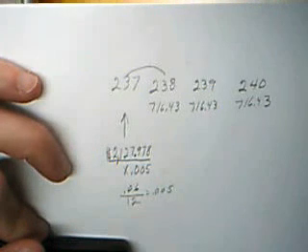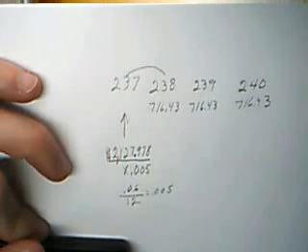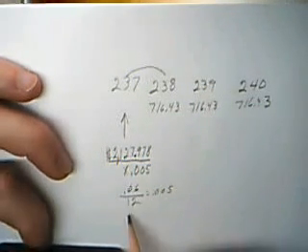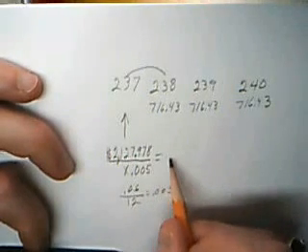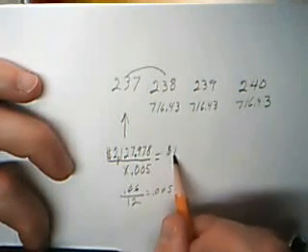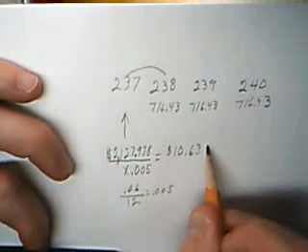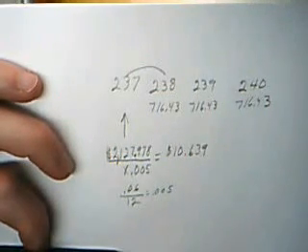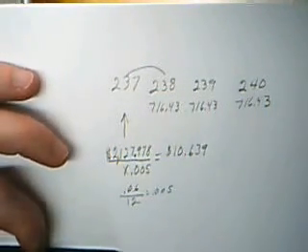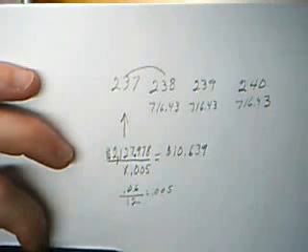So 2127.97 times 0.005, that's interest of $10 and approximately 64 cents. And that's the interest component of the payment.